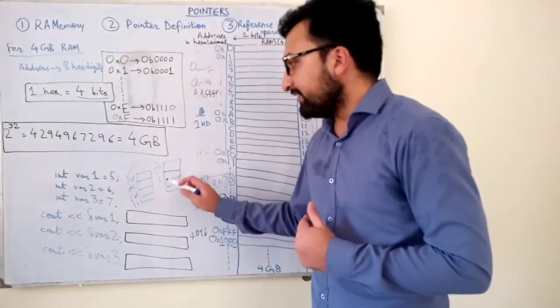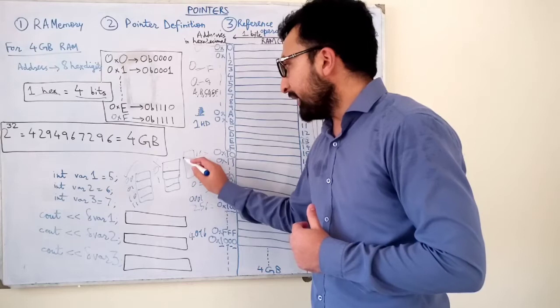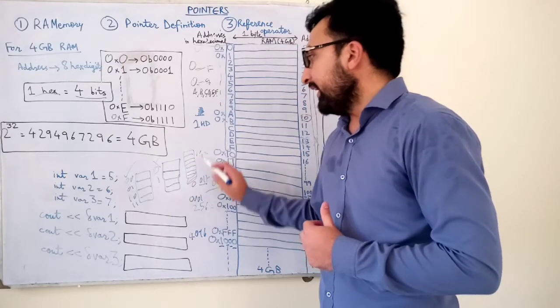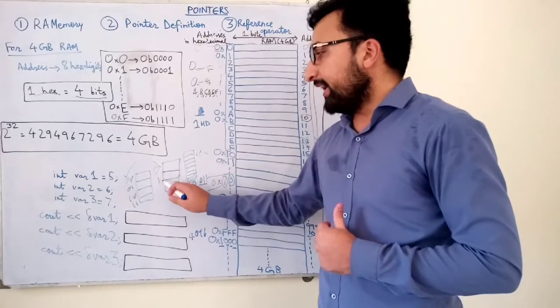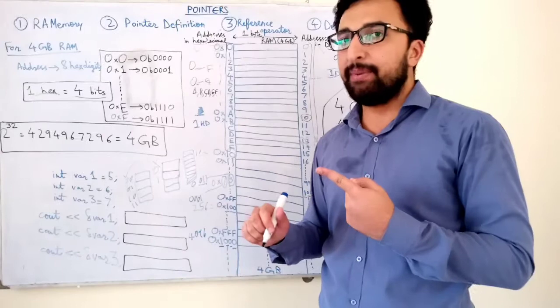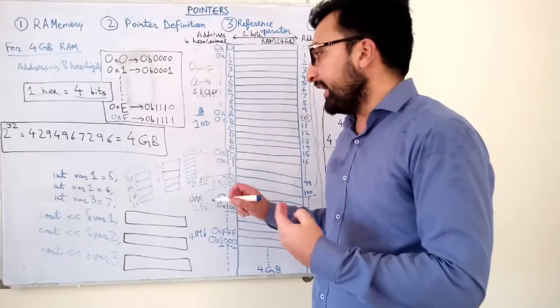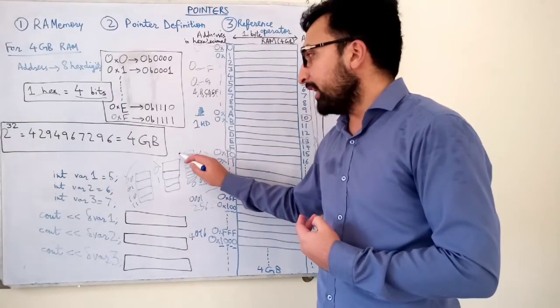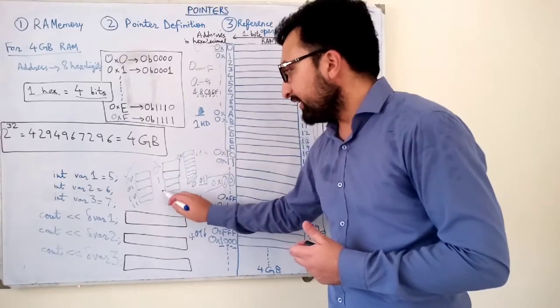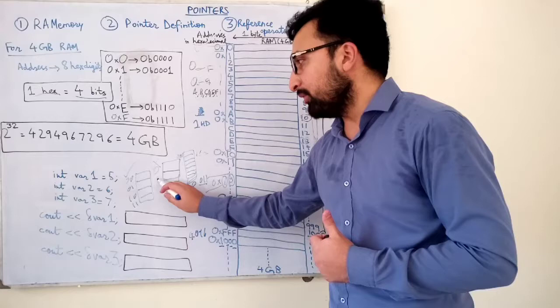Similarly, whenever RAM gets to 8 bytes, basically 1, 2, 3, 4, 5, 6, 7, 8 bytes, we can no longer access every single byte distinctively with a single bit or 2 bits. We need to access every single byte with 3 bits. So as you see, here the number of bits was 1.